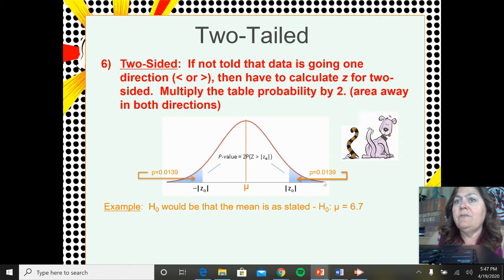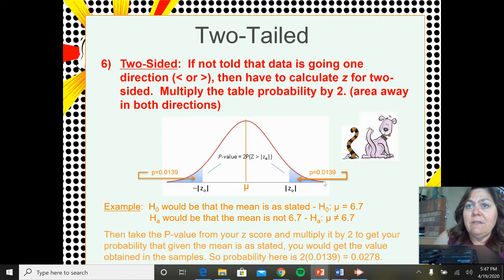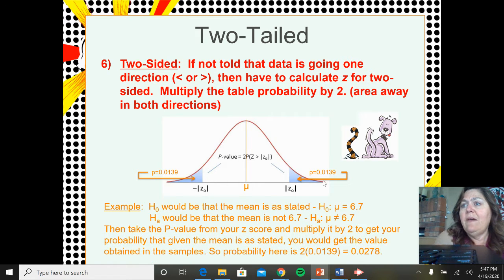Okay. So I just said, example: if your H0 had been that the mean is 6.7, and then your HA is that the mean is not equal to 6.7, then you would take this p-value and you would get 0.0278, so a 2.78% chance of it. And that's still significant there, usually 5%.